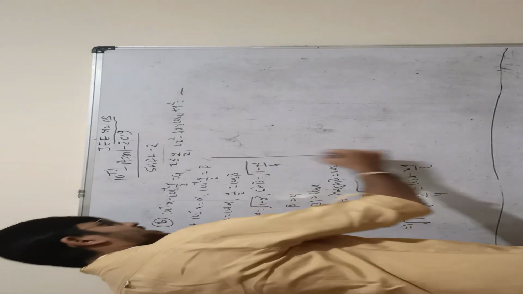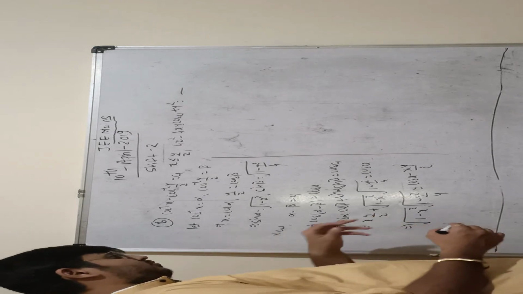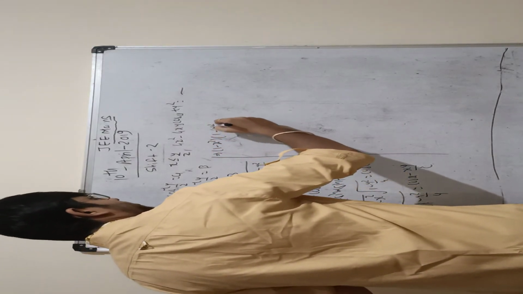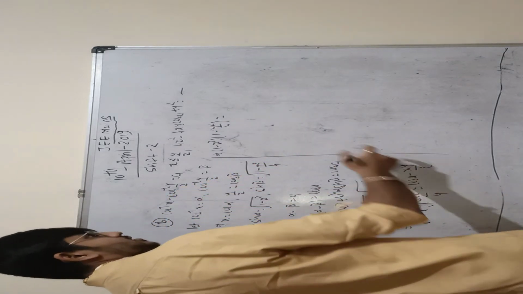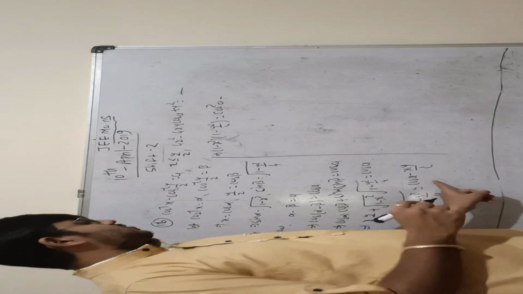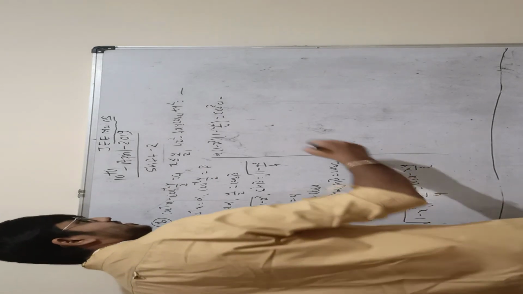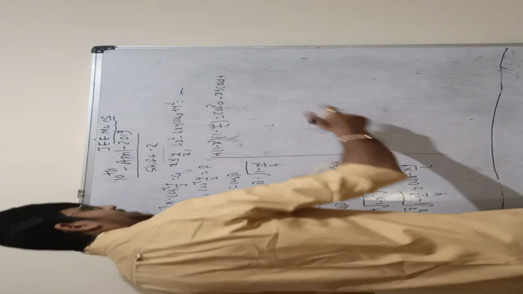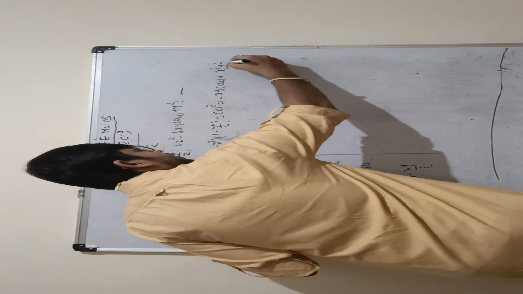Now squaring both sides, we get 1 minus x square into 1 minus y square by 4 equals cos square a minus 2 times cos a times xy by 2, which is minus xy cos a, plus x square y square by 4.